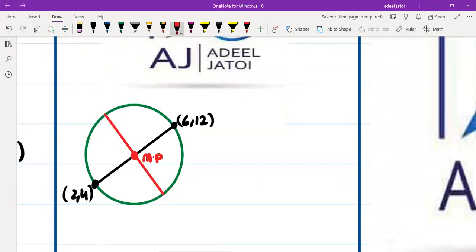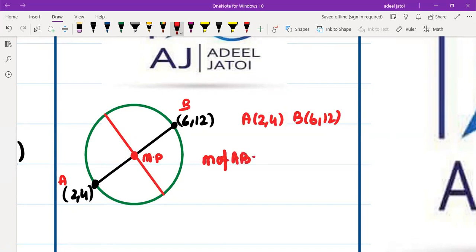Your gradient of AB: if A is (2, 4) and B is (6, 12), the gradient of AB will be 12 minus 4 over 6 minus 2, which is 8 upon 4. So the gradient will be 2.